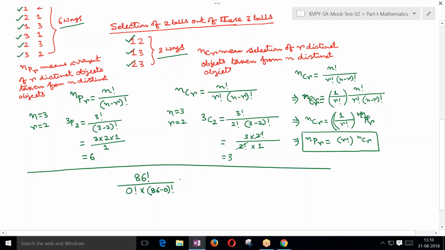Yeah. So now tell me, you know what factorial is? Factorial n is equal to n into n minus 1 into n minus 2, and in that way till it goes to 3 into 2 into 1. That is the definition of n factorial.